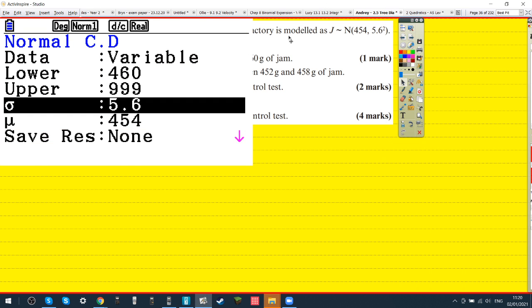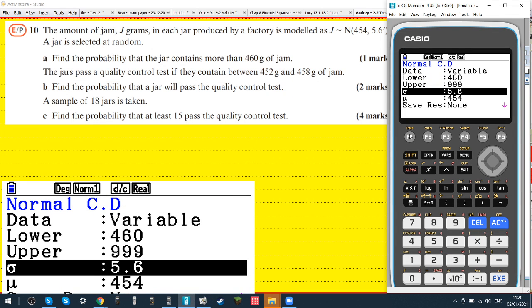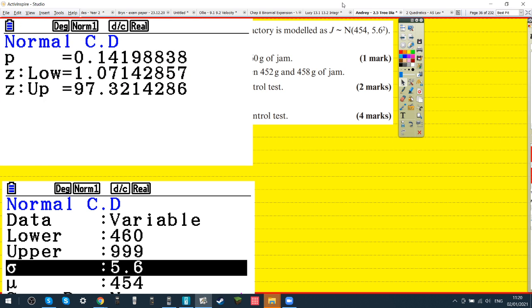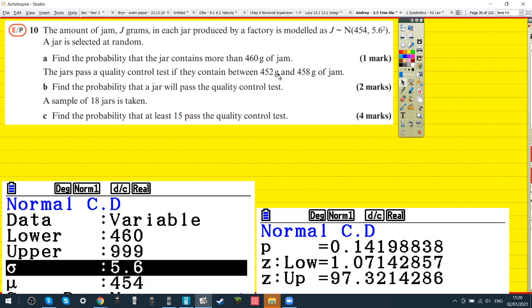Yep. And then yeah. I got 0.4. Okay. And part C.